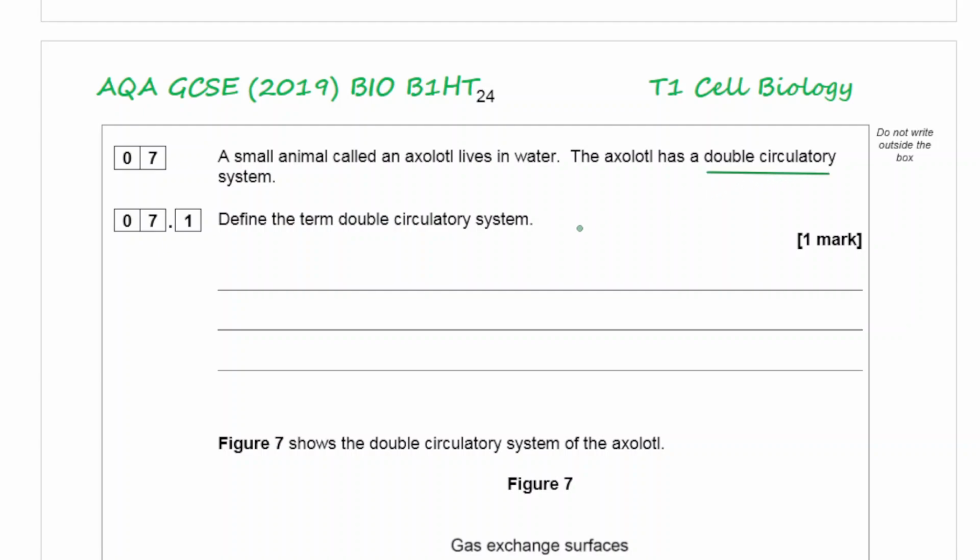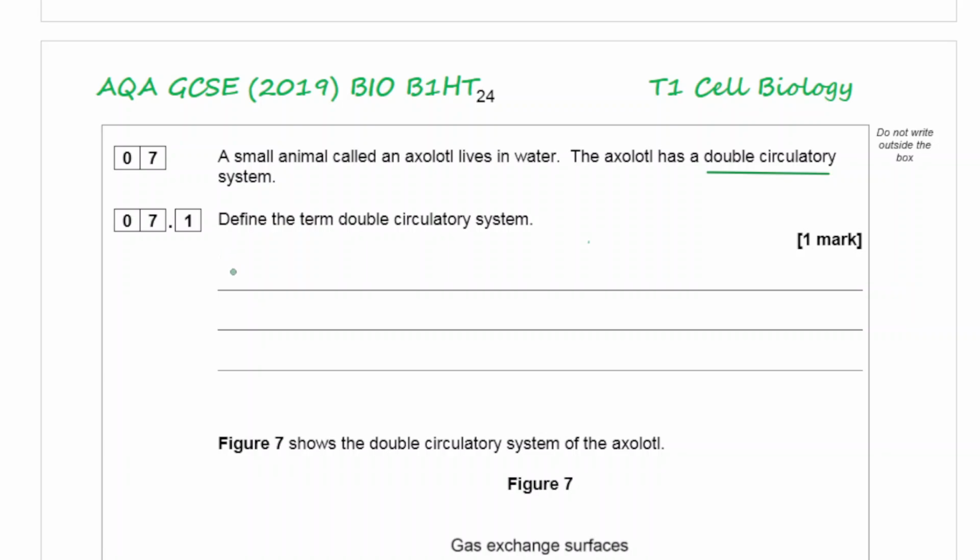Define the term double circulatory system. It basically means that blood is pumped around the heart twice. And we have a left side and the right side, which separates out the oxygenated and deoxygenated blood. So the blood actually goes through twice or two different parts of the heart. So how do you describe this?